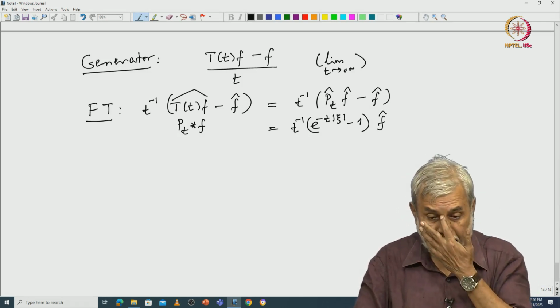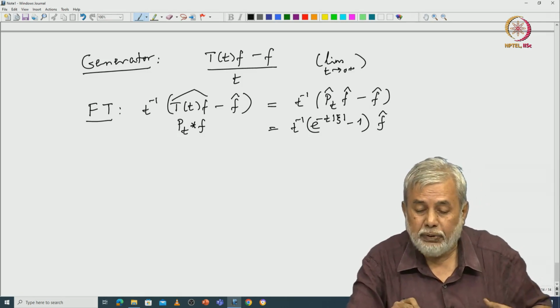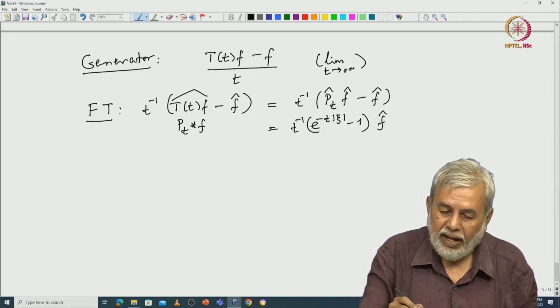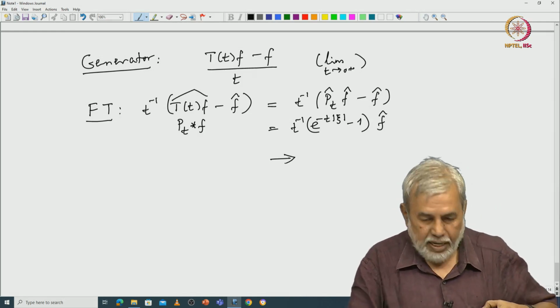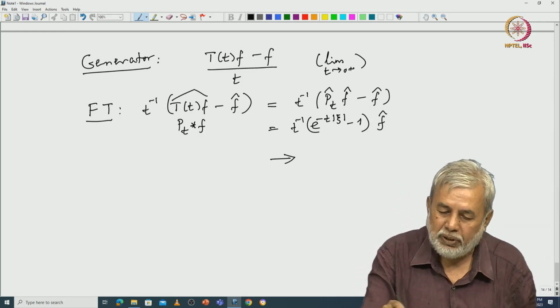Okay. So, P_t hat is e to the minus t mod xi, and just formally, as t goes to 0, what happens to this?